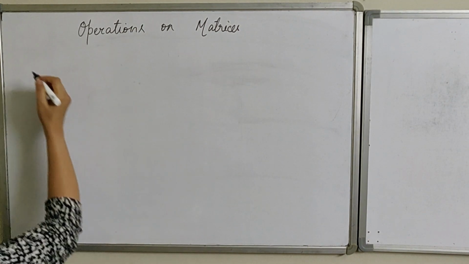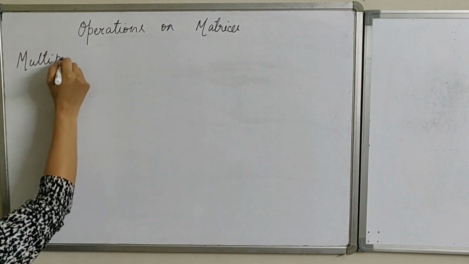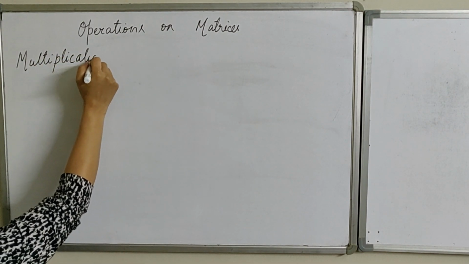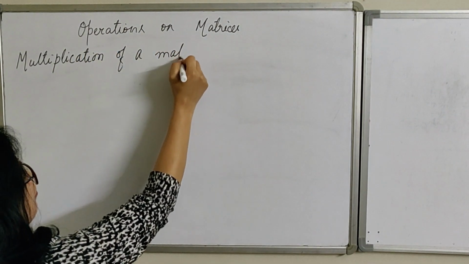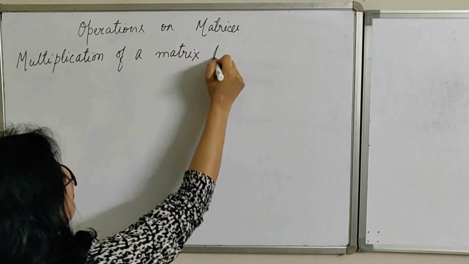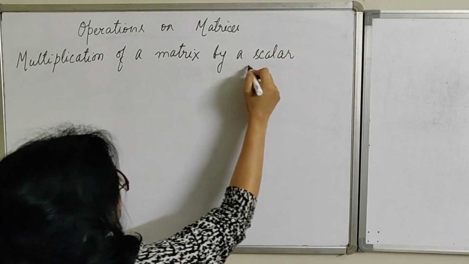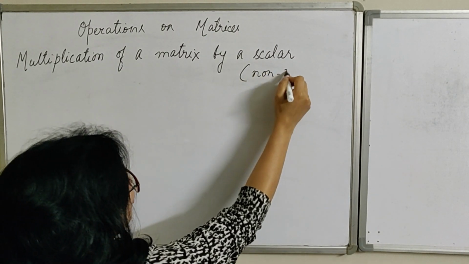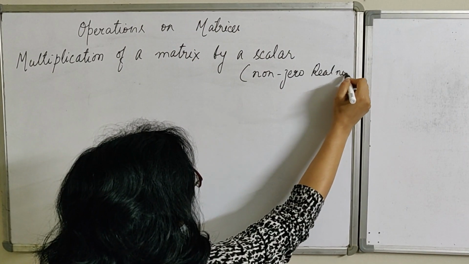The other operation is multiplication of a matrix by a scalar. Scalar basically means a non-zero real number.